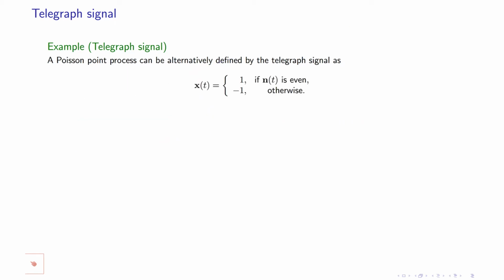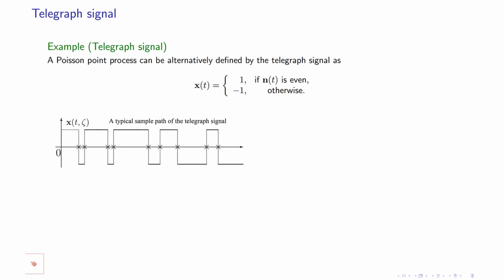So we define x of t, the telegraph signal, to be equal to 1 if we have an even number of points in the interval between 0 and time t. Otherwise, if this is odd, we put -1. So for this random process, the toggling points give you the points in time.